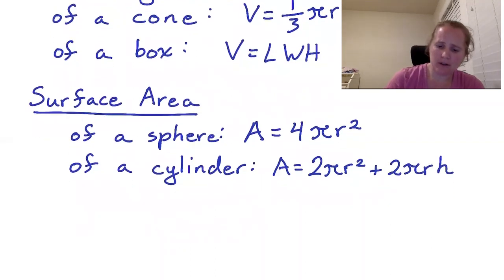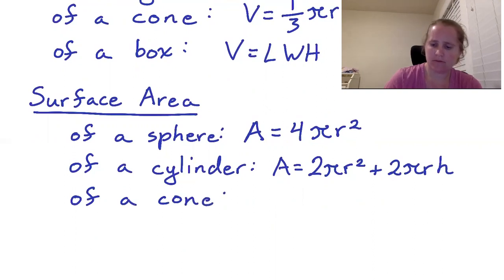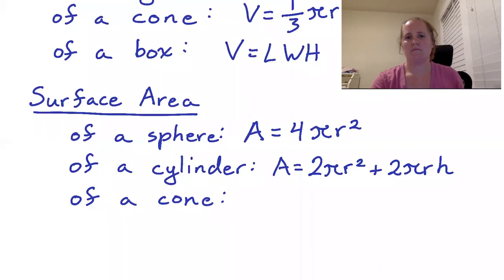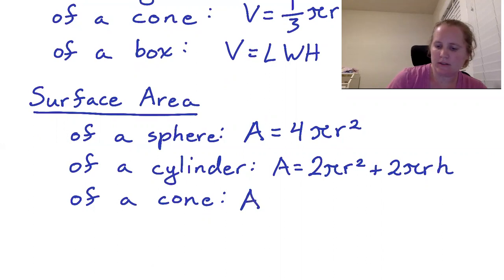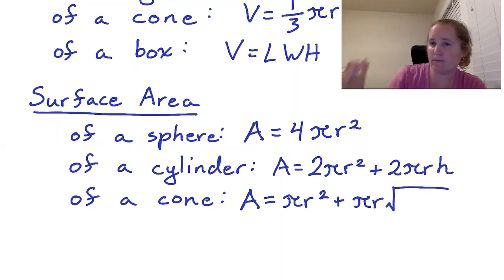Surface area of a cone: surface area is equal to, we have the base pi r squared plus pi times r times the length of the slant, which is square root of r squared plus h squared.